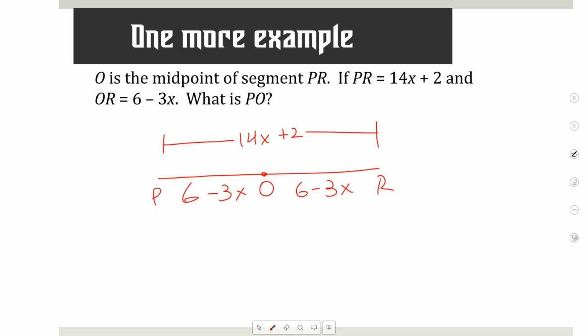With this picture, it goes back to the problems we did on Wednesday. The two little parts add up to be the big part. 6 minus 3x plus 6 minus 3x equals 14x plus 2. Solvable? Yes. And when you did that, what did you get for x, Martha? 1/2. Okay, great. X equals 1/2.